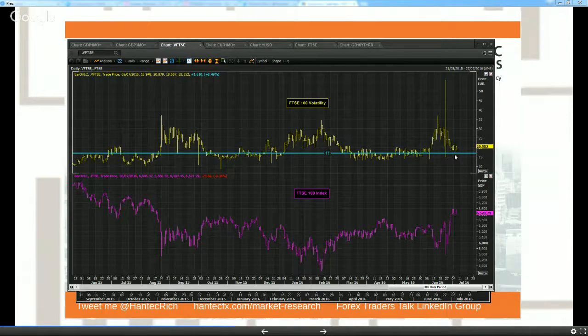Well, I think FTSE is a different kettle of fish at the moment, because, and I'll talk you through this in a bit, you're seeing the FTSE 100 going strongly higher on the back of the weaker sterling.